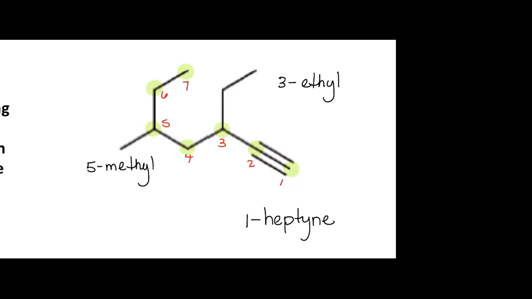Now, remember that when we have substituents that are different, we need to put them in alphabetical order. So what comes first? Awesome. The 3-ethyl. So we do 3-ethyl, 5-methyl, 1-heptine.